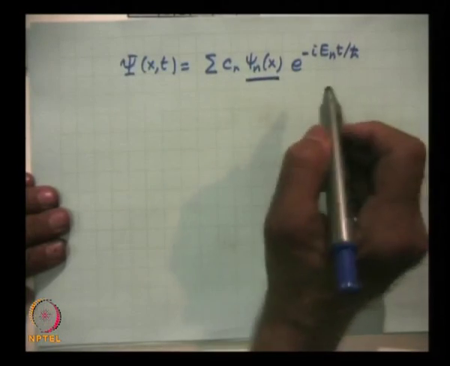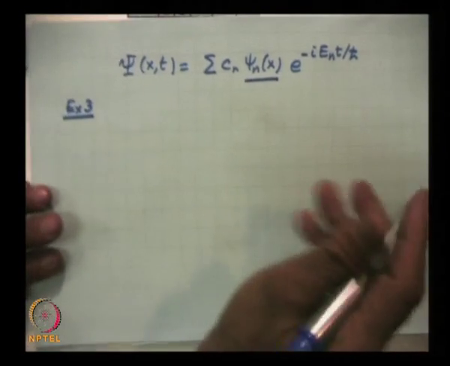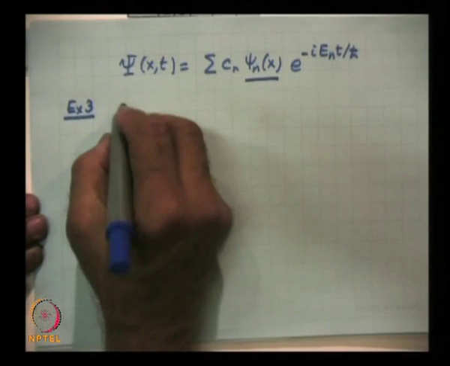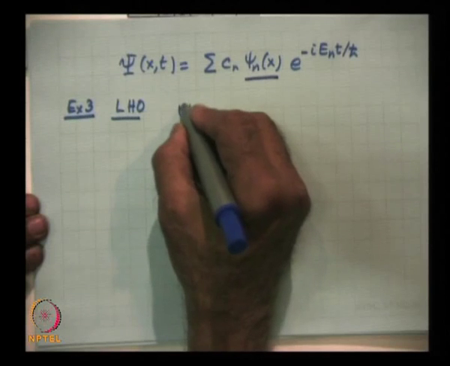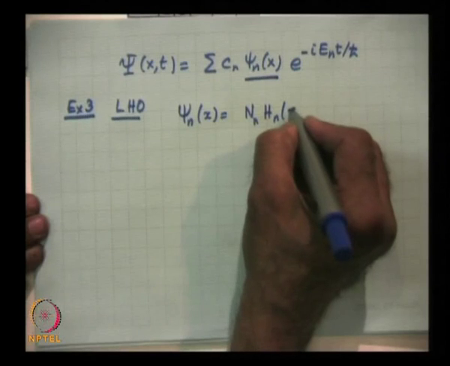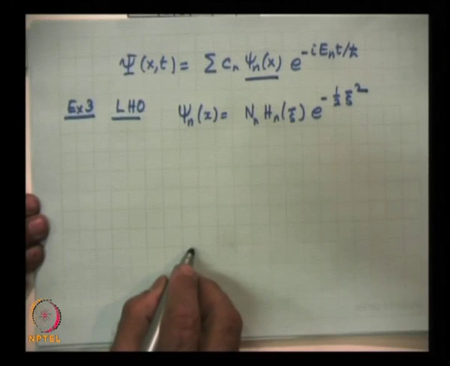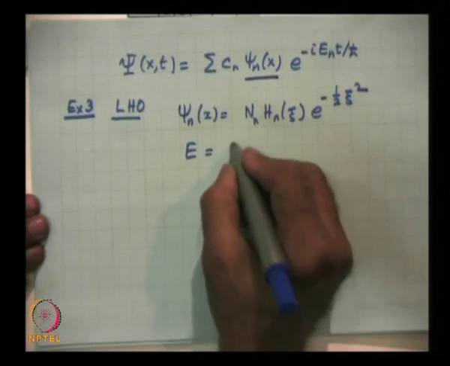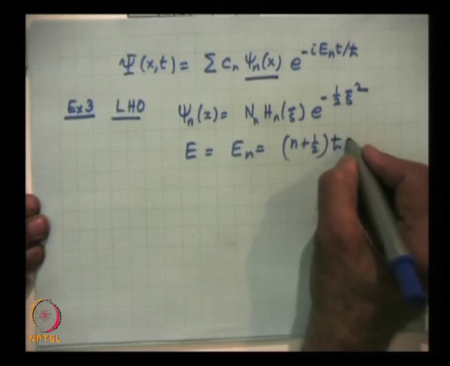The third example that we worked out over the last 2-3 days was the linear harmonic oscillator problem, in which psi n of x was the normalized Hermite Gauss functions, and the corresponding eigenvalues we had found out, n plus half h cross omega.